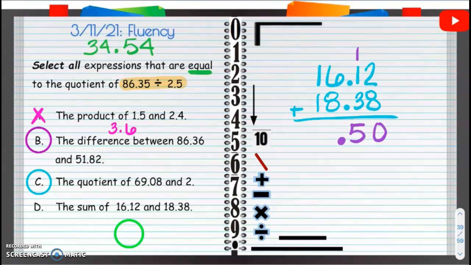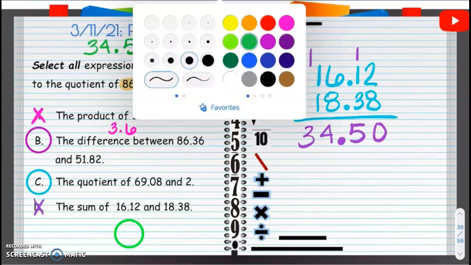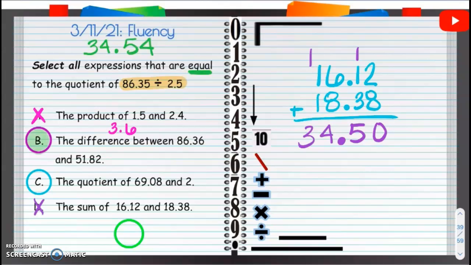Drop that decimal. 8 plus 6 is 14. 1, 2, 3. 34 and 50 hundredths. No, that 0 is not a 4, so that is not going to be the correct answer. So the two correct answers in this case are B and C. And that is going to be it for our fluency. Great job.